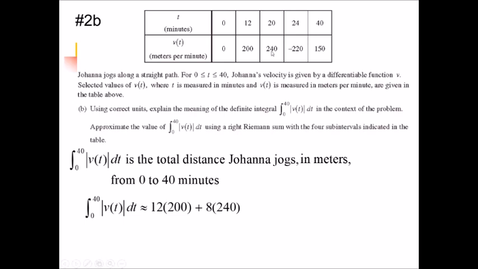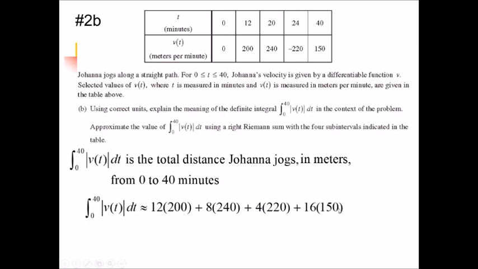For our next rectangle, we have the interval from 20 to 24. That's a base of 4 times a height of, now before you write negative 220, remember this is absolute value of velocity. So this is going to be 4 times positive 220. And then finally, our last interval from 24 to 40, that's a base of 16 times my height of 150. So you could stick units on the end of this and call it a day and not simplify it, and that would be perfectly fine on the AP exam.